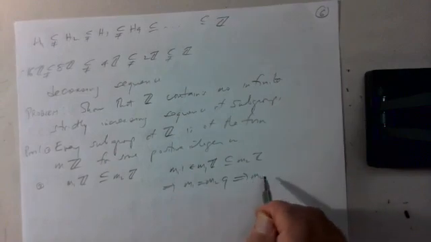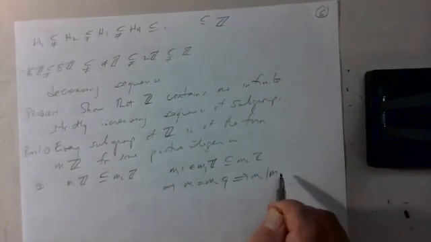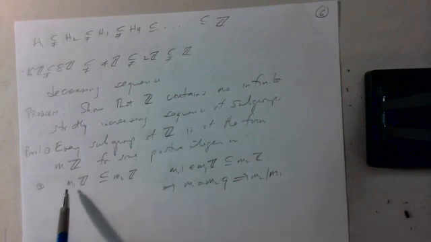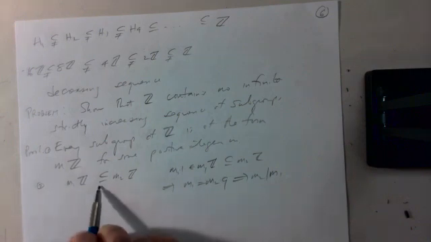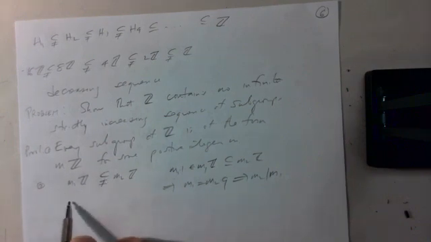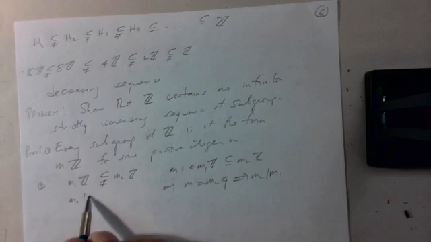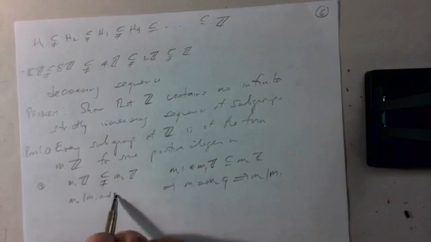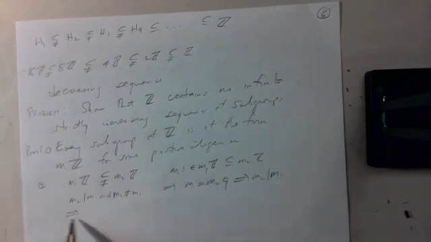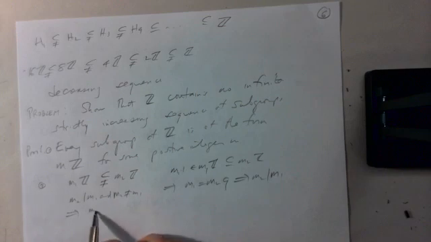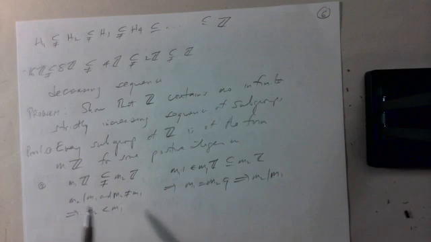So M2 divides M1. Whenever you have M1Z contained in M2Z, M2 divides M1. And if this is a proper containment, M2 is different from M1. In particular, that means that M2 is smaller than M1, because M2 is a proper divisor of M1.